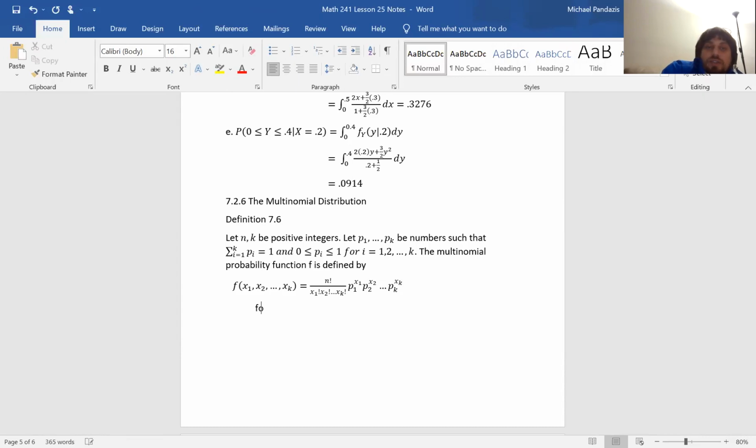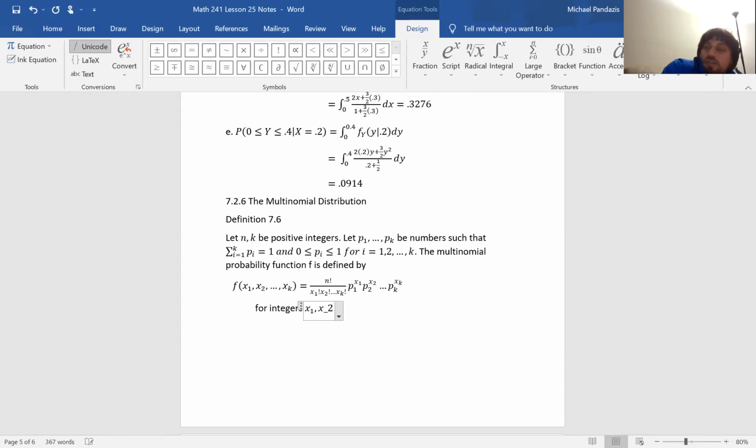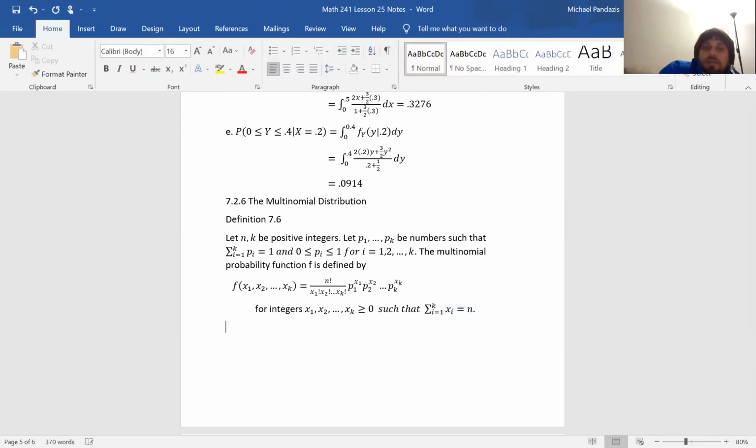And this is for integers x1, x2, dot dot dot, x sub k greater than or equal to 0, such that the sum from i equals 1 to k of x sub i is equal to n. Okay, so that's the definition of what's called the multinomial probability function f.